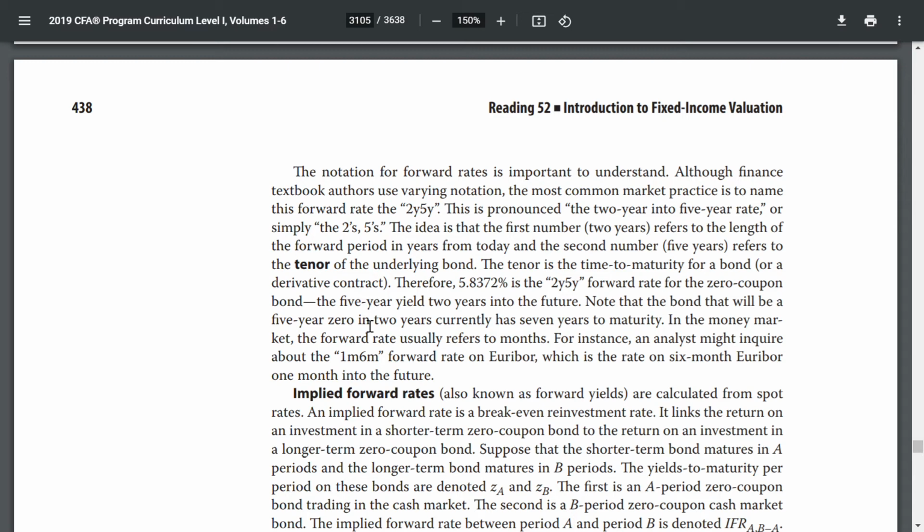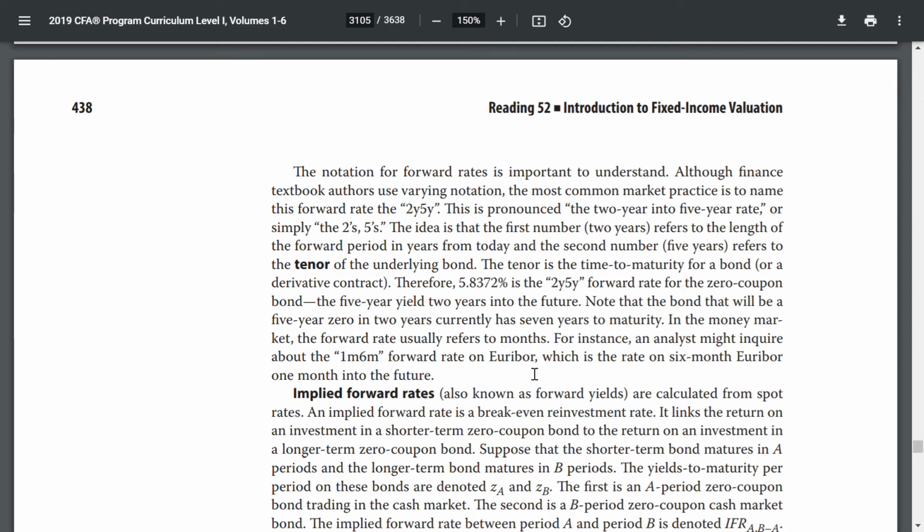The tenor is the time to maturity for a bond. Therefore, 5.8372% is a 2Y5Y, or the 2-year into 5-year rate. It is the forward rate for zero coupon bonds, the 5-year yield 2 years into the future. Note that the bond that will be a 5-year zero in 2 years currently has 7 years to maturity.